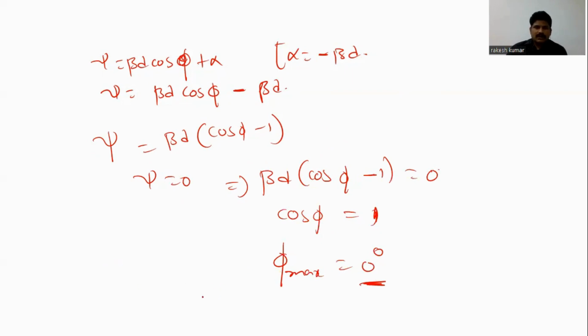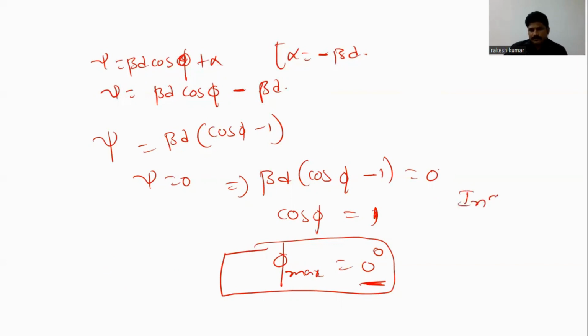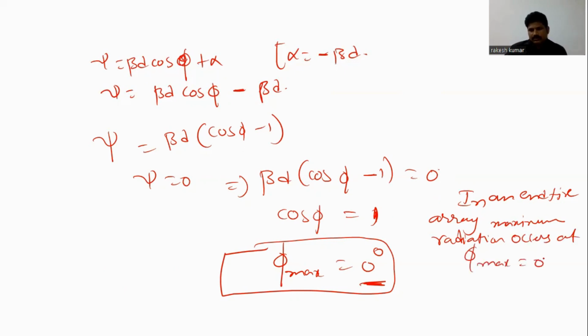So in an Endfire array, maximum radiation occurs at phi max equal to 0. Okay, so this is the first property, phi max.